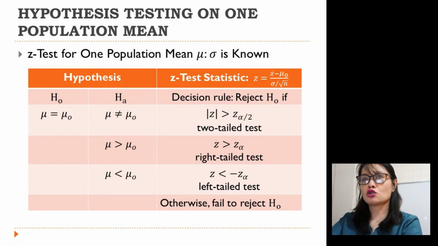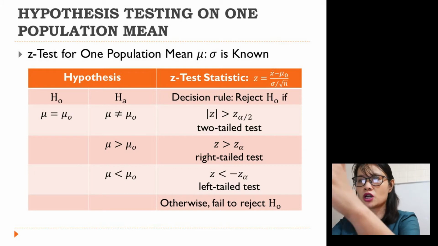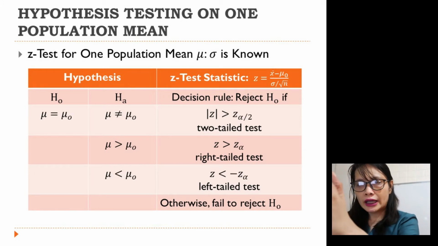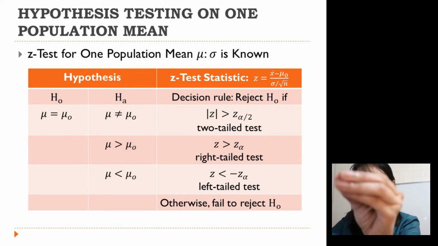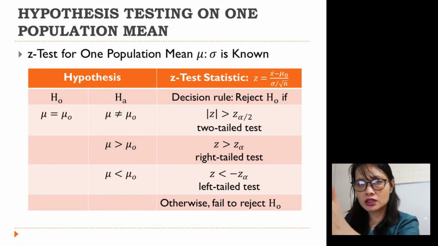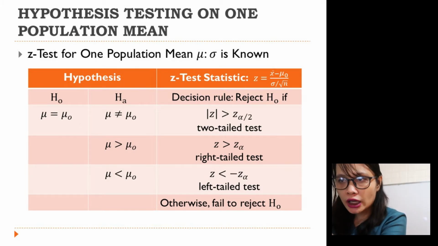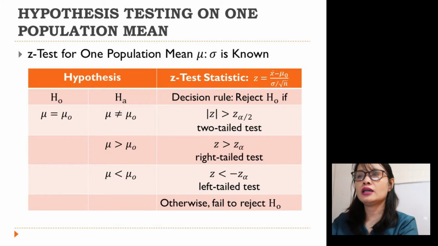Okay? So try to examine the table. You need this, my dear. Hypothesis, H sub O, and then H sub A. If your null hypothesis is denoted by mu equals mu sub O, and your HA is denoted by mu is not equal to mu sub O, then to come up with a decision, we need to use the two-tailed test.